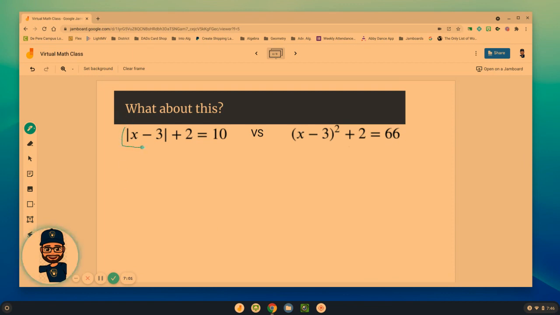We have to isolate, as we learned on Friday, the absolute value part. And so I would subtract 2, leaving me with the absolute value of x minus 3 equals 8. And now that we've isolated that, we can say what's inside has to equal the positive 8, or it has to equal the negative 8.